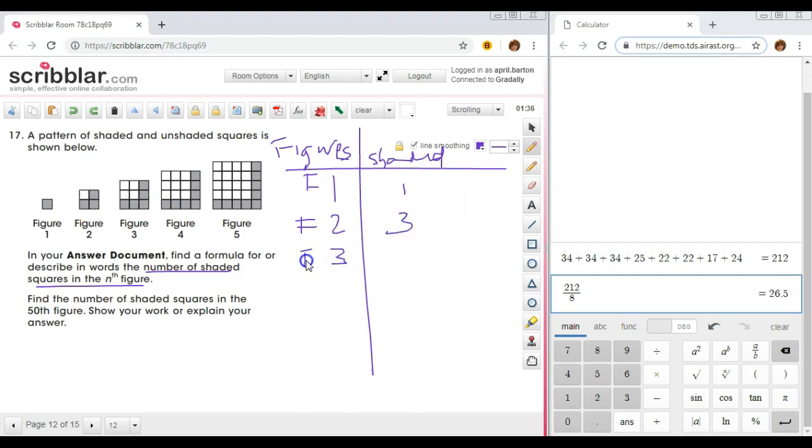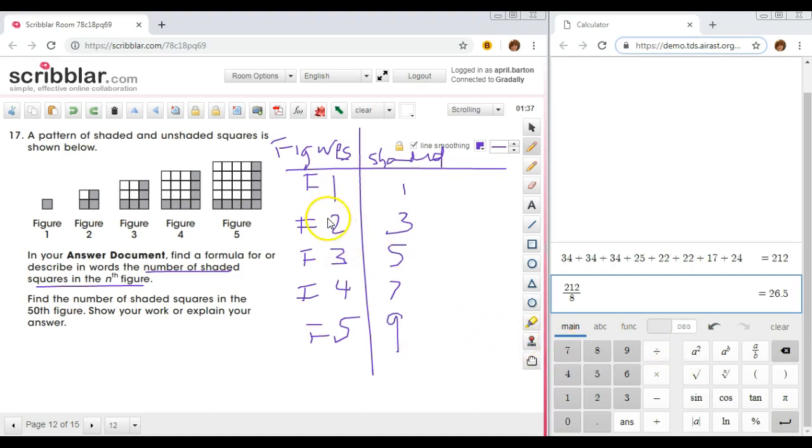Figure 3 is 1, 2, 3, 4, 5 shaded squares. Figure 4 is 1, 2, 3, 4, 5, 6, 7 shaded squares. And figure 5 is 1, 2, 3, 4, 5, 6, 7, 8, 9 shaded squares.